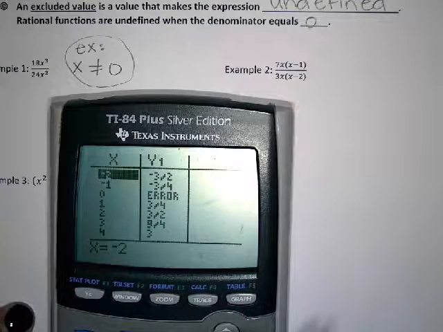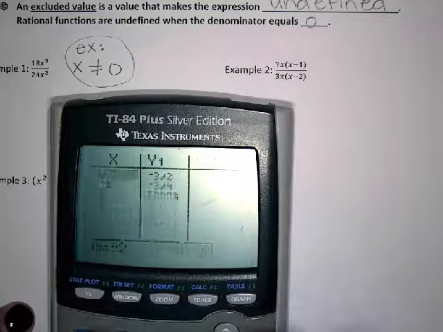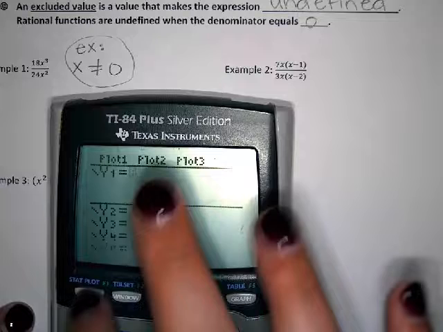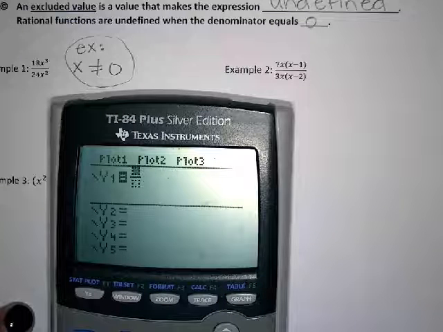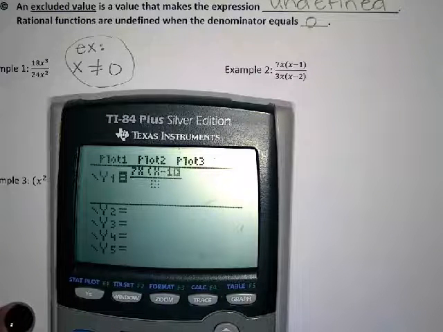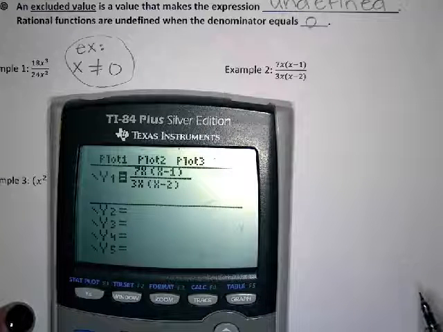I'm going to go back to y equals. Let's delete this. Okay, the next one: 7x over x minus 1. But we did that in example 1 on the video. Yeah, but we're proving the excluded value.